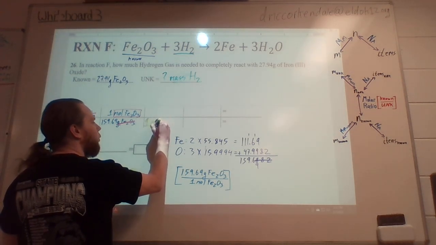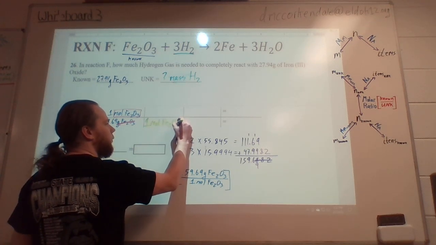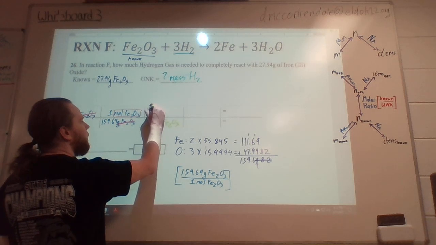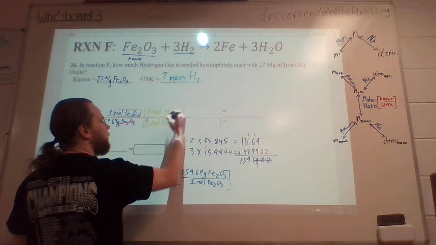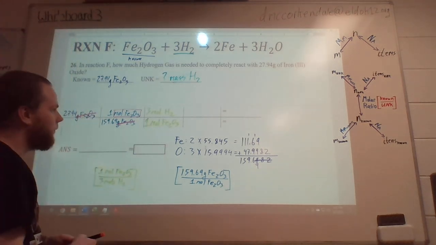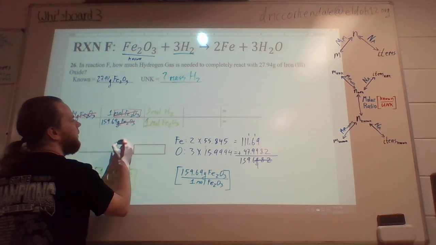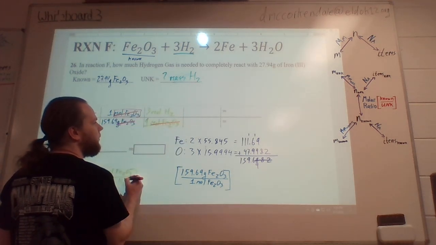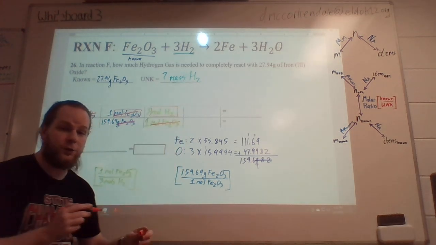So I'm going to put 1 mole of Fe2O3 to 3 moles of H2. Moles of Fe2O3 cancel, and now we are in moles of H2.